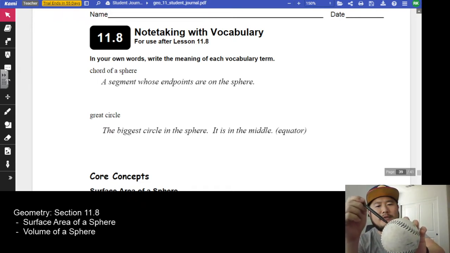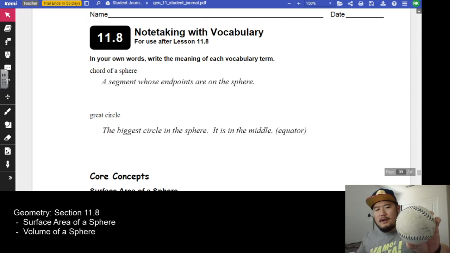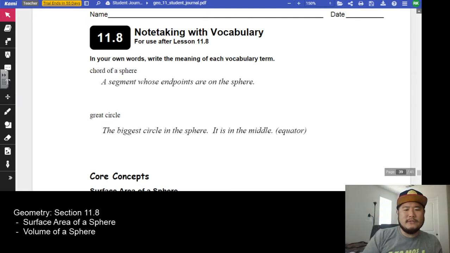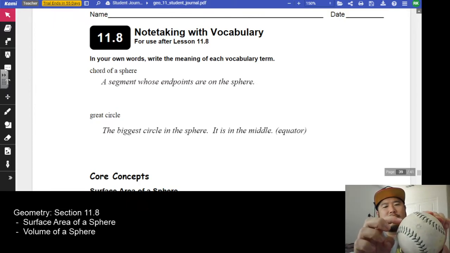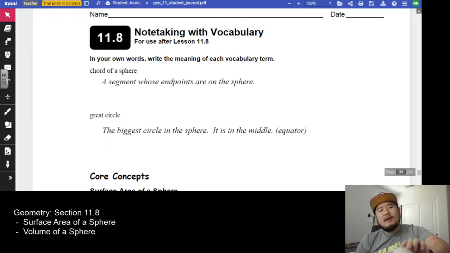It could be from like here to here on the outside, or way on the inside or bottom, wherever. And so that right there will be your chord of a sphere. It is going to be the endpoints, and it will be on the outer side. And it's not like you're trying to draw a line from here to here. That's a no-no.